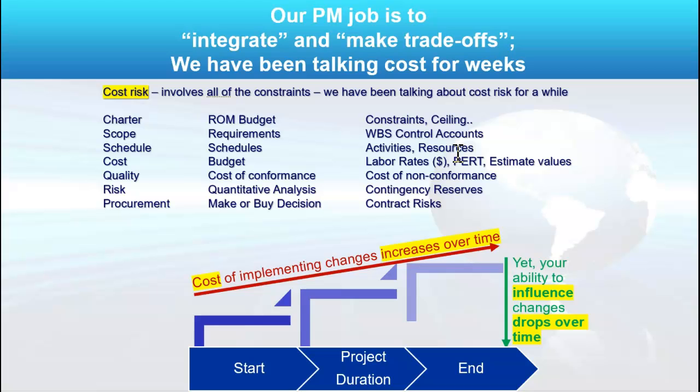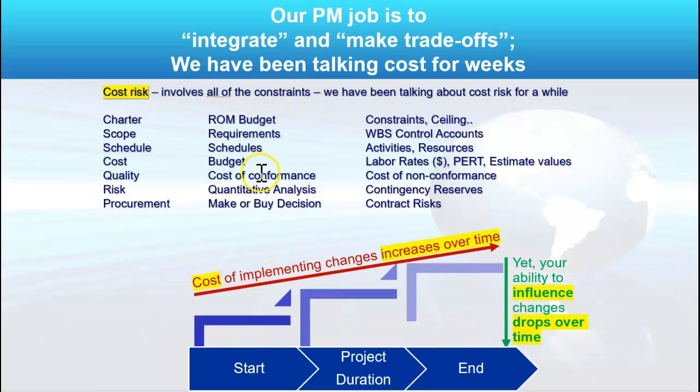If I have 2 people to work an activity or 8, it changes how much can get done and how fast, but it also changes your costs. In cost management, specifically, I have this budget, which is going to have labor rates and estimations. And I will use tools like PERT, which will help drive down my risk.